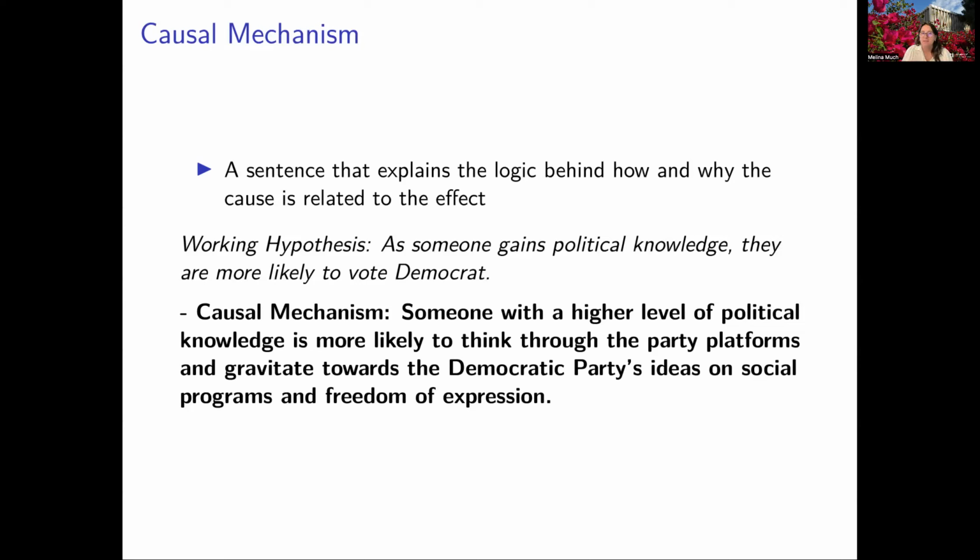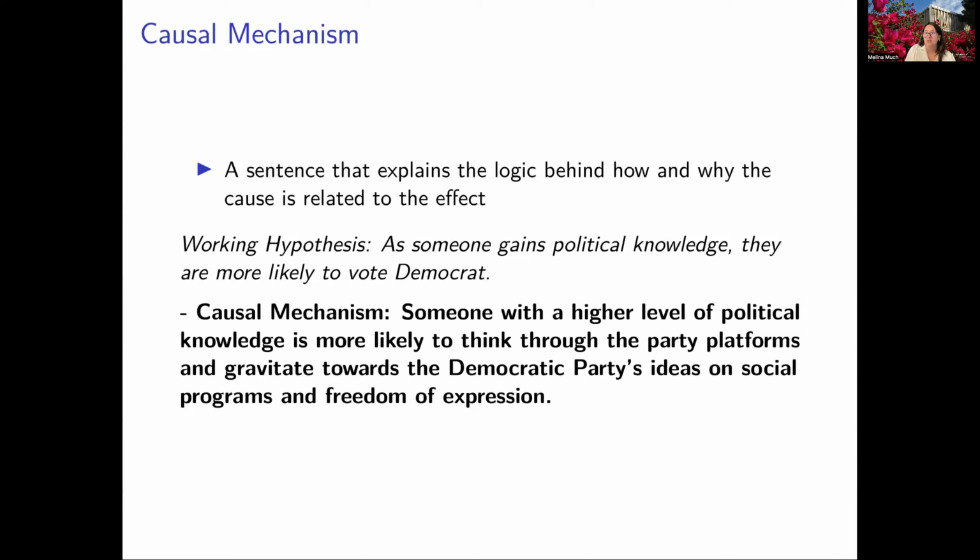You could say this is a fictional example. You could say the same thing if your theory was the same about Republicans: as somebody gains political knowledge, they're more likely to vote Republican. But you have to be able to state some sort of causal theory as to why this is happening. So the causal mechanism could be in this case that someone with a higher level of political knowledge, maybe they did more civics classes or government classes in their undergraduate experience, is more likely to think through the parties' platforms very clearly and gravitate towards the Democratic Party's ideas on social programs and freedom of expression.